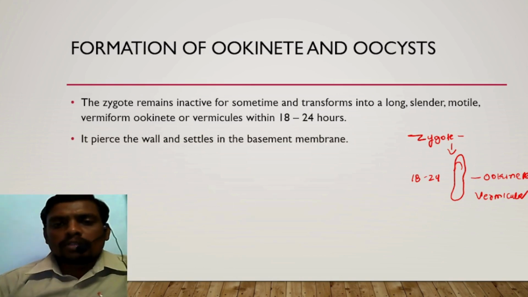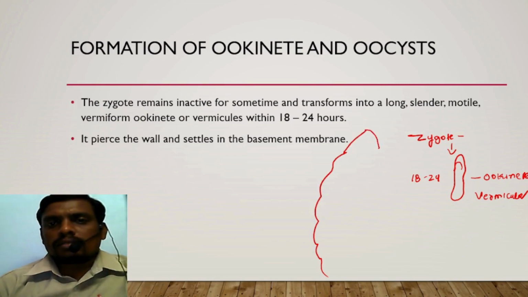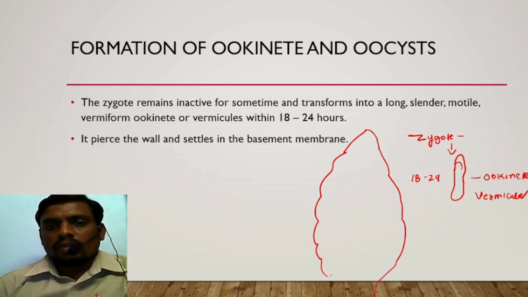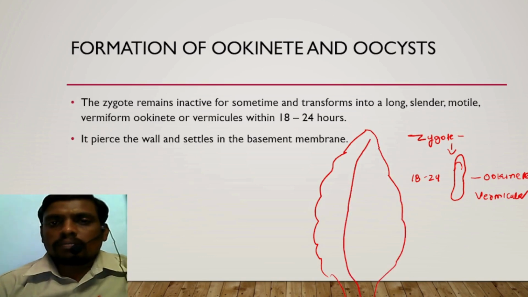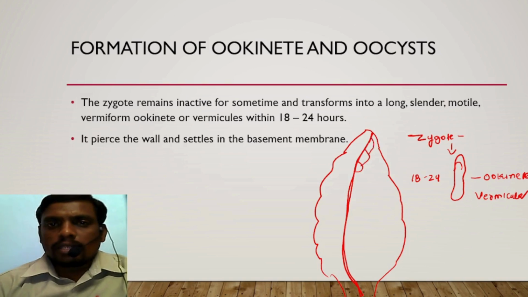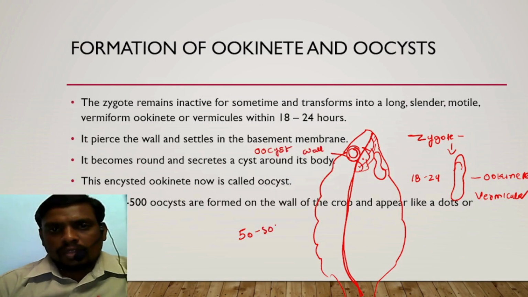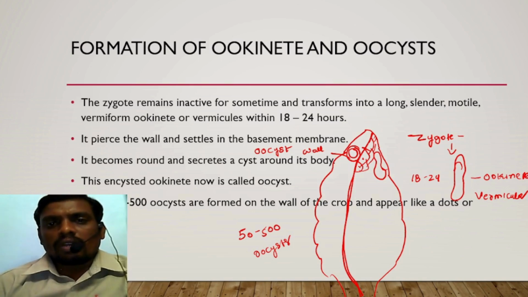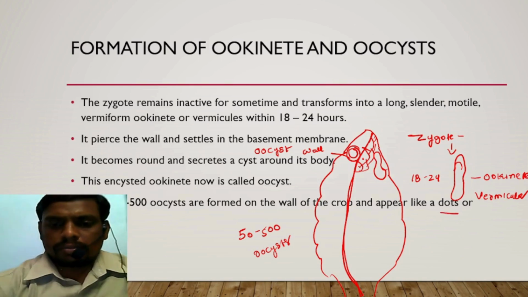Now imagine, I am drawing the diagram here. Imagine this is the crop of the mosquito. This is the basement membrane, and you can mention the cells here, basement membrane cells. 50 to 500 oocysts are produced during the life cycle on the wall of the crop, and they appear like dots or nodules.